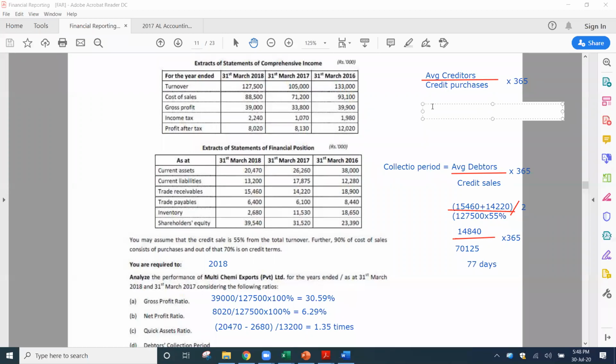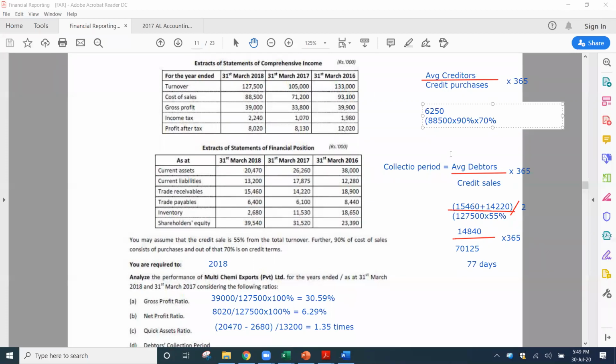Trade payable 6,400 opening, 6,100 closing, divided by 2, 6,250. For credit purchases, they have given additional information. 90% of the cost of sales consists of purchases. So cost of sales is 88,500. Out of this, 90% is purchases, and out of this, 70% is credit.